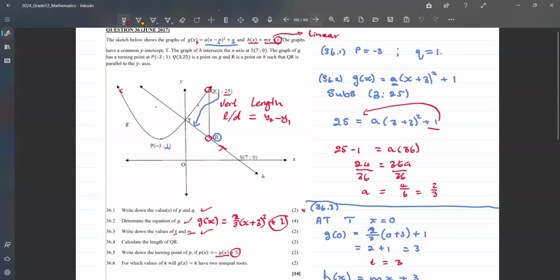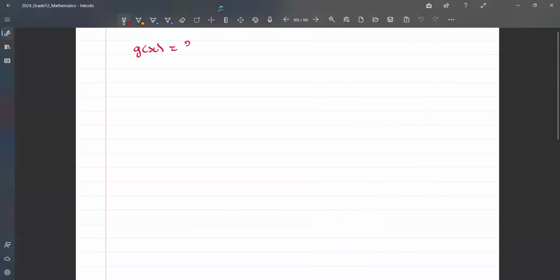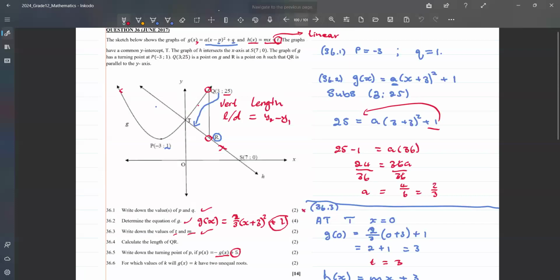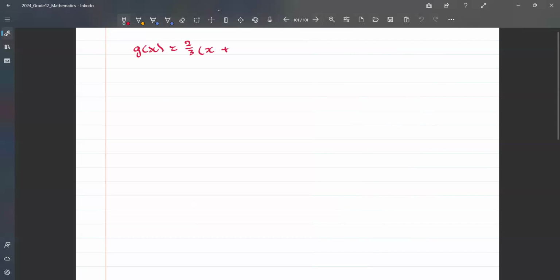All right, so how does it look like? We know that g of x is 2 over 3, x plus 3 all squared plus 1.